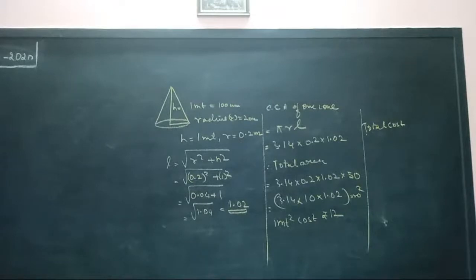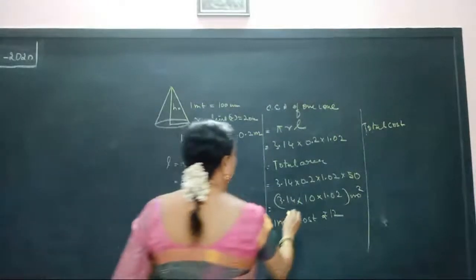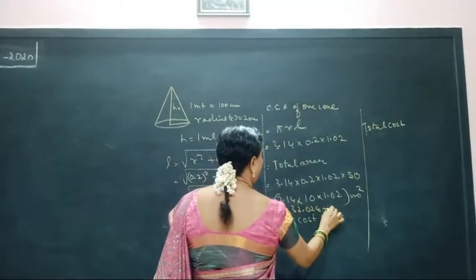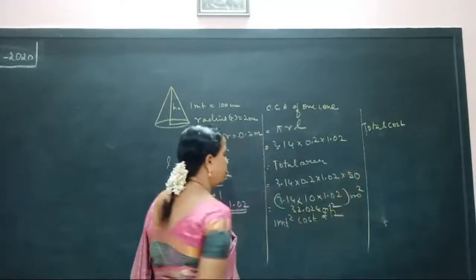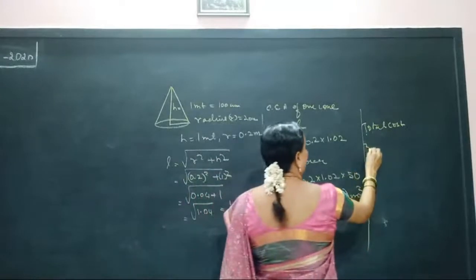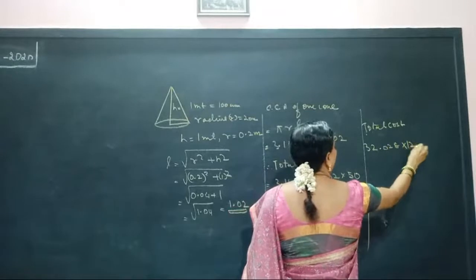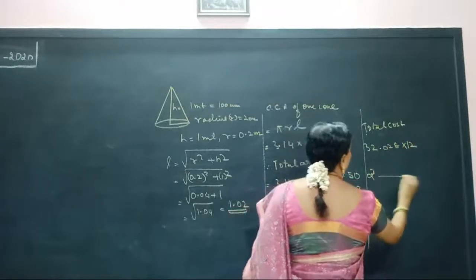So the area of 50 cones, total area is 32.028 meters square. Now calculate 32.028 into 12 gives the total cost.